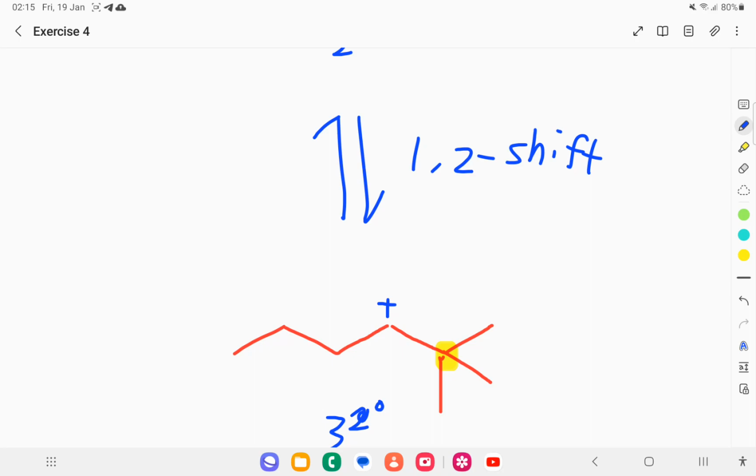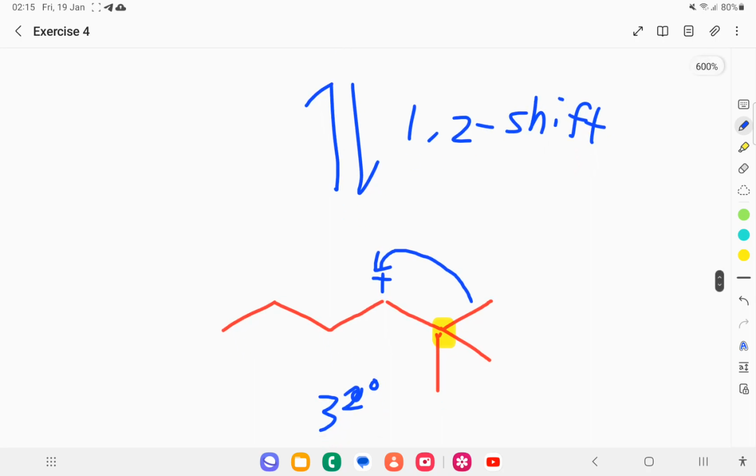We are going to shift this CH3 group onto the adjacent carbon, which is our carbocation. What we get is the carbocation transferred here, and this forms a new methyl-carbon bond.